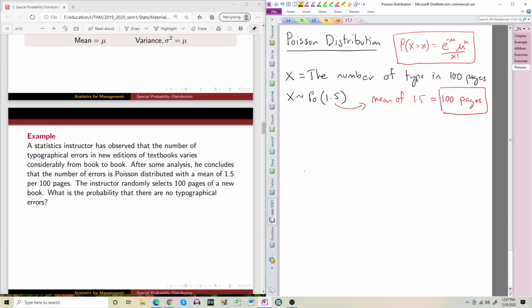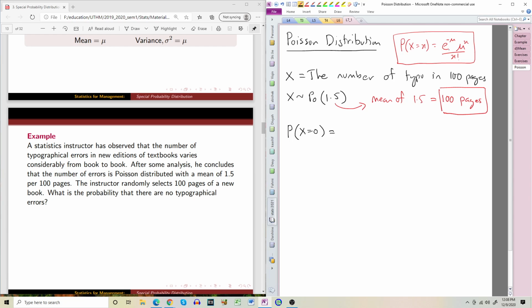What is the probability that there are no typographical errors? The number of typos in 100 pages, 0, no typographical error.